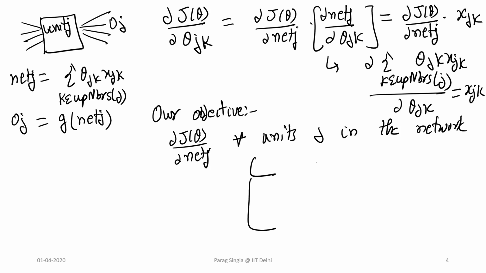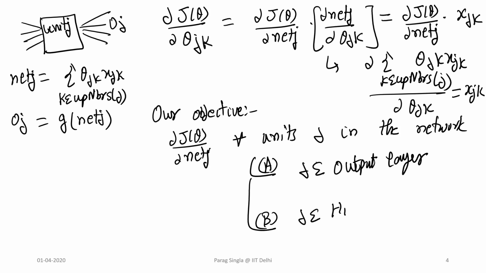Then, as we had done earlier, or given the intuition earlier, we'll divide this into two parts. Part A would be when j belongs to the output layer, and the second one, part B, would be the case when j belongs to a hidden layer, those units which are hidden from the output.